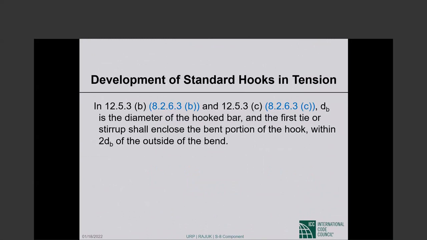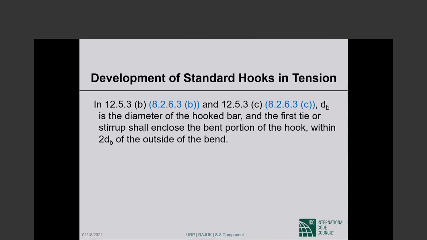So in the pictures that I showed you, the confinement reinforcement perpendicular to the bar being developed or parallel to the bar being developed, the first tie or stirrup shall enclose the bend.